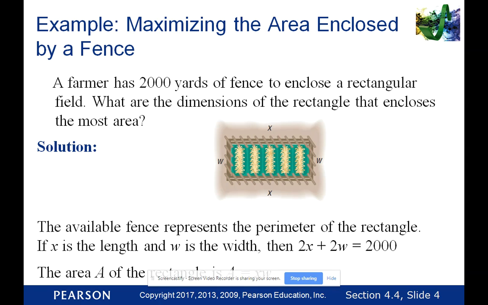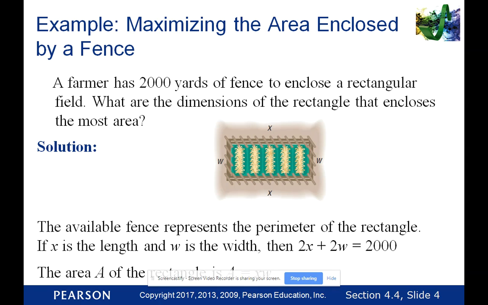You could have used W and L. It doesn't matter. And we know that there's 2,000 yards of fence, and we're going to put it around our field. Around the field is perimeter, right? So that's where the 2x plus 2w equals 2,000 comes from. Perimeter, because we're putting the fence around the field.